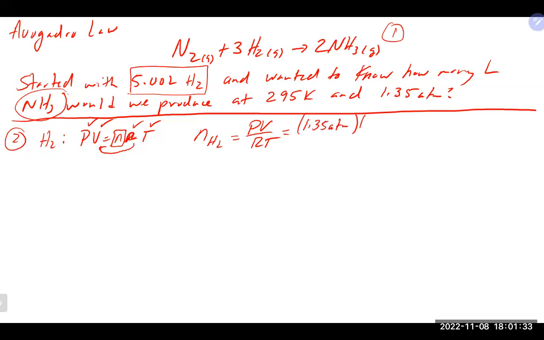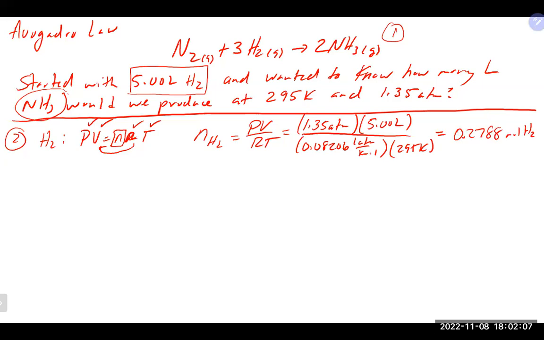We have a volume that is 5 liters. We have our R. And we have our temperature, which was 295 Kelvin in this case. And if we do all that, 1.35 times 5 divided by 0.08206 divided by 295 gets us 0.2788 moles of H2.